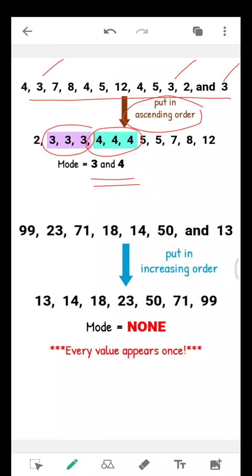Mode is used by many people in day-to-day life, which we do not recognize. One example: when you go to buy any footwear, the footwear shop owner will have a mode for his data.